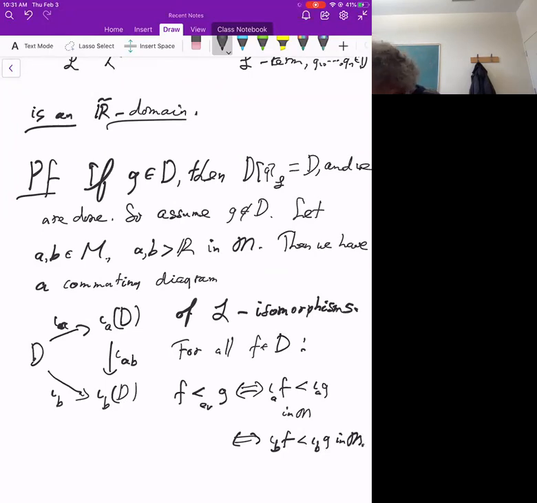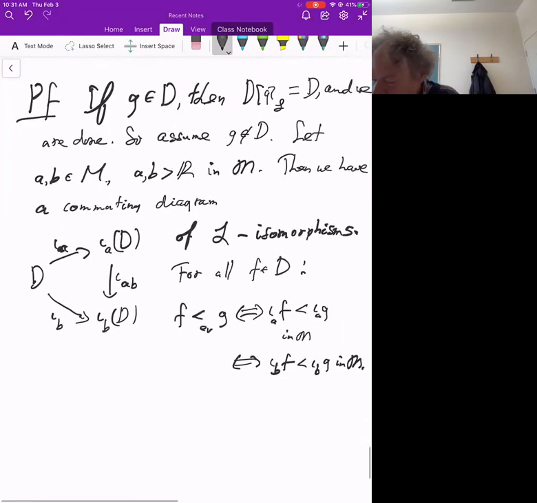Right, so what this means is that iota a g and iota b g realize cuts in iota a D and iota b D that correspond under this isomorphism.